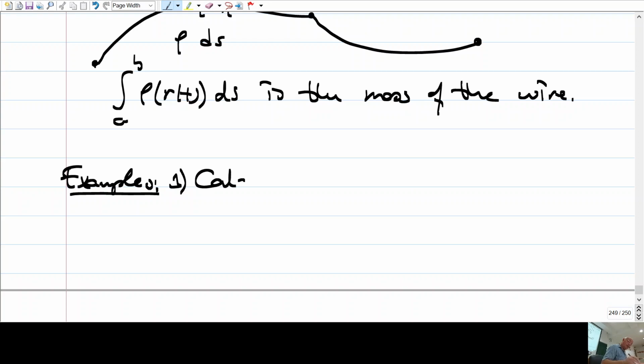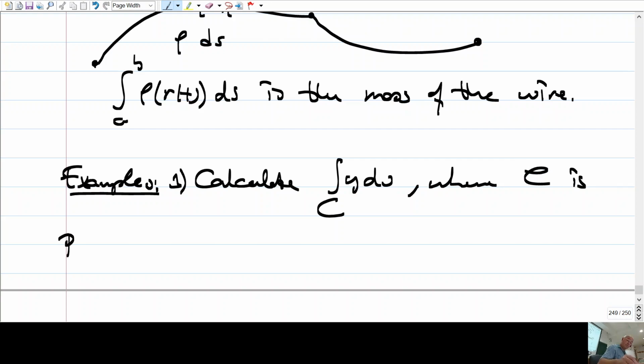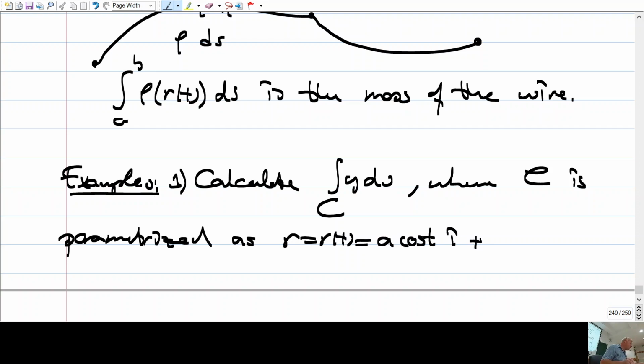Calculate the integral over C of y ds, where C is parameterized by r equals r(t), which is a cosine t i plus a sine t j.